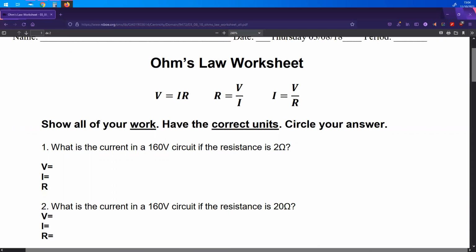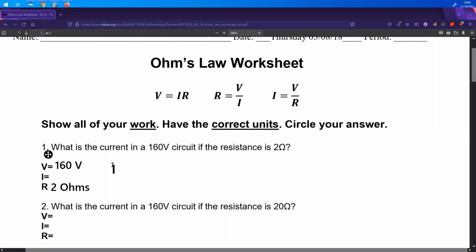So what I need here, I'm going to do the example, is to find out two values. I have 2 ohms, and I have the voltage, 160 volts.